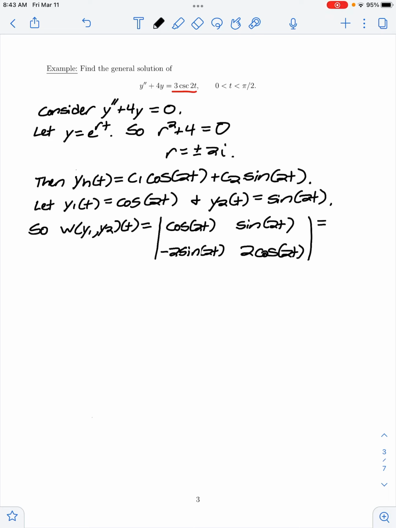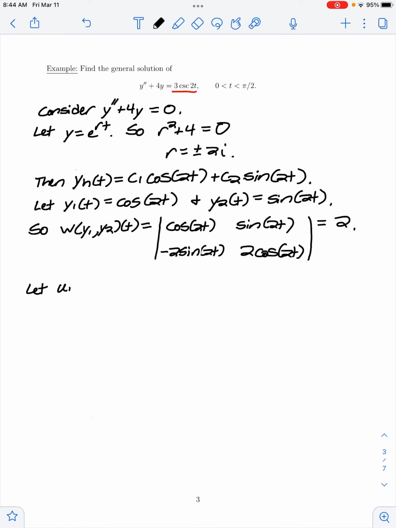So taking my determinant, I would have 2 times cosine squared t plus 2 sine squared t. And since the sum of sine and cosine squared is 1, we're left with 2 times 1. So once we have this Wronskian, we're ready to calculate the u1 and u2 functions.